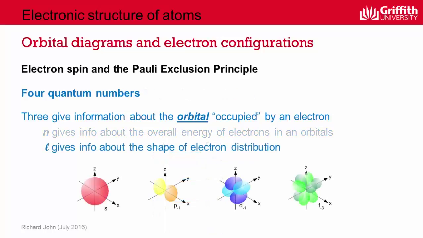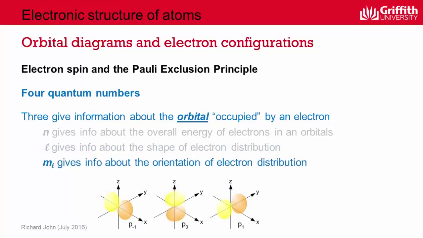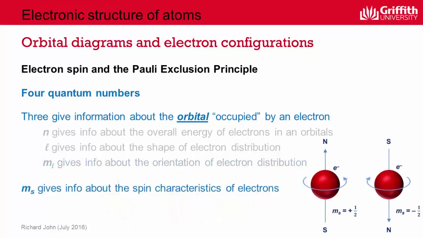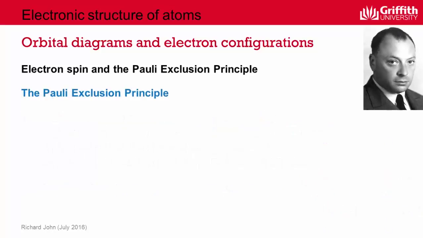The secondary quantum number l gives information about the shape of the electron distribution within an orbital. And the third quantum number, ml, the magnetic quantum number, gives information about the orientation of that electron distribution in space around the nucleus. And now we have a 4th quantum number, ms, the magnetic spin quantum number, which gives information about the spin characteristics of electrons.